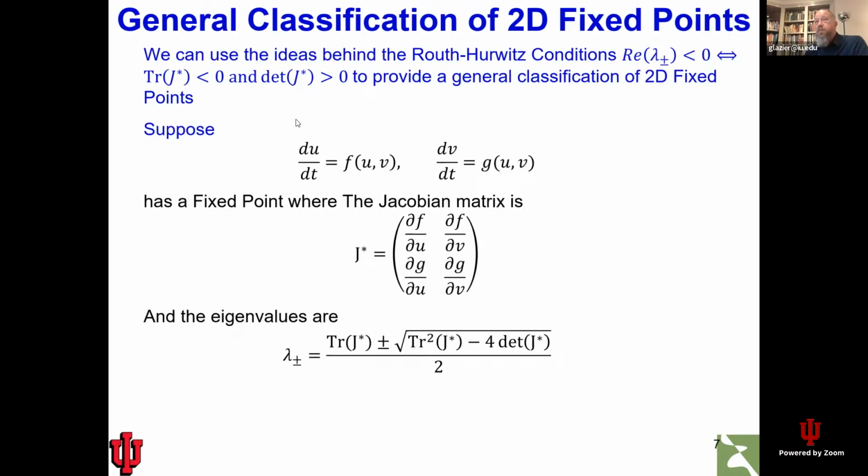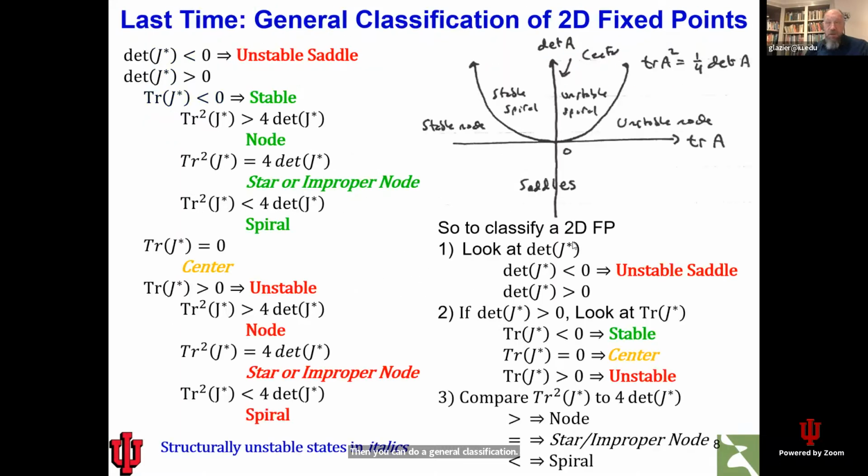If the determinant of the Jacobian matrix at the fixed point is positive, then you can do a general classification in 2D, and you get a picture that looks like this. And there are different ways of organizing the choices you have to make, the hierarchy that you have to make to get your different regions.